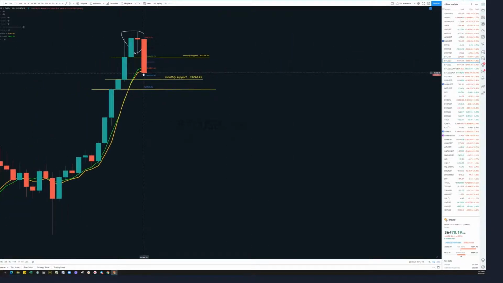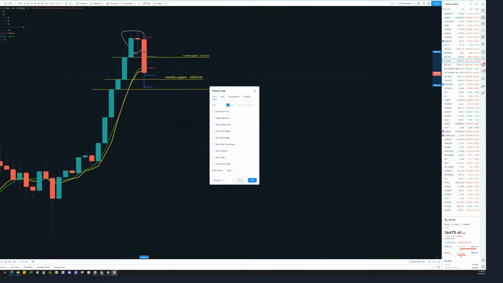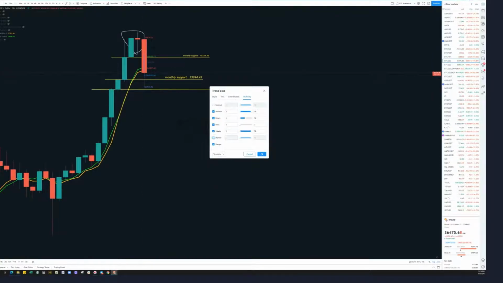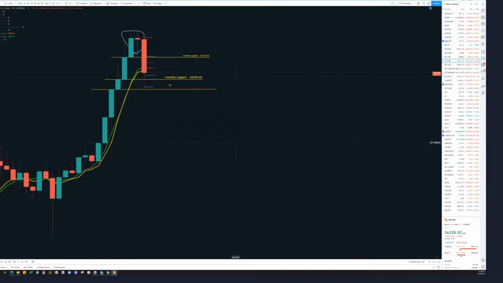You can see it's already moving up towards it. We like to see it close above it. So that will have a nice wick to the upside. I'll get rid of those. That's a monthly, so I don't need that. I can't even put in the weekly.